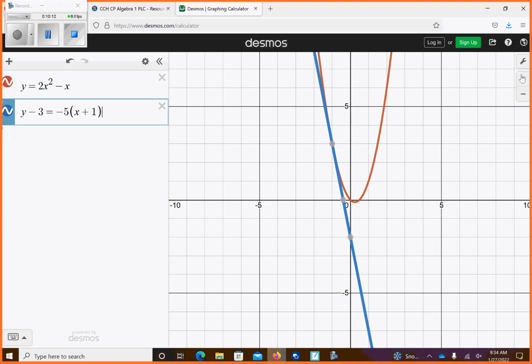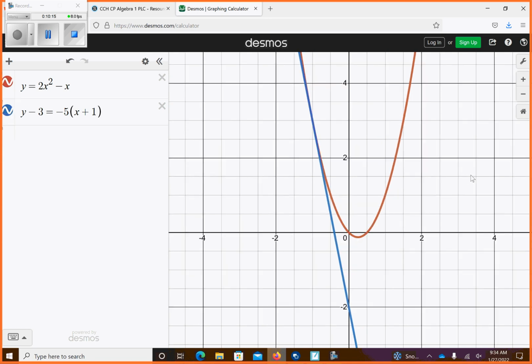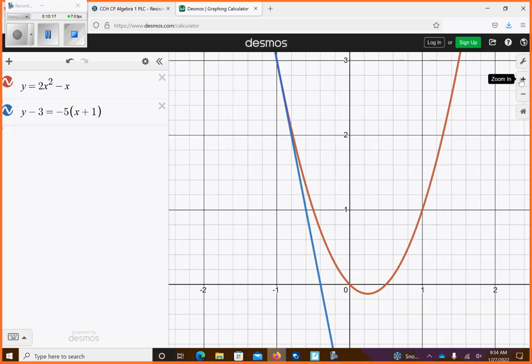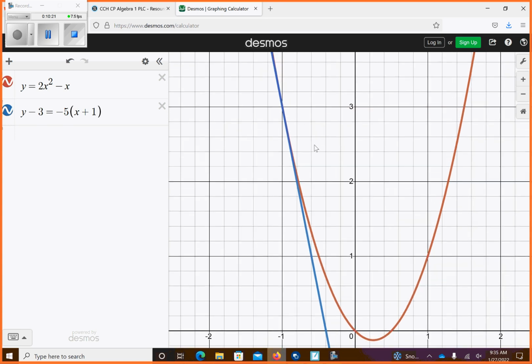Okay, so what this is doing is, you come up to right there. That right there is the intersection of our two lines. Now, the intersection means the blue line, that's the tangent line equation, and the red parabola, that's where they would touch each other.